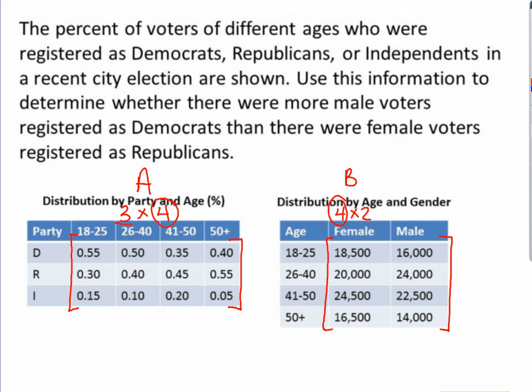You're going to end up with a 3 by 2 matrix. That 3 by 2 matrix will be Democrat, Republican, and Independent, because those are the values that we're looking at for our 3. Our 2 are female and male. Now because these are larger problems, you can go ahead and use your calculator for these type of problems.